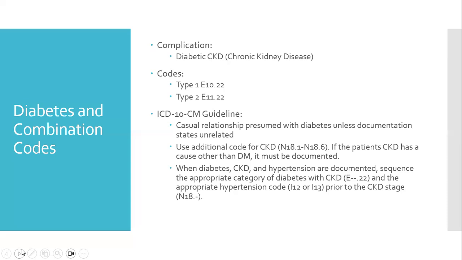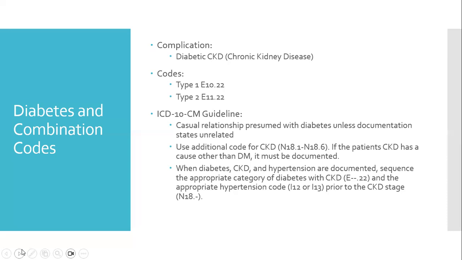So, when it says that you have chronic kidney disease with diabetes, that's your E10 or your E11.22, then you're going to use the appropriate hypertension code, which in this case, if you only had diabetes, chronic kidney disease, and hypertension, then you would have the I12.